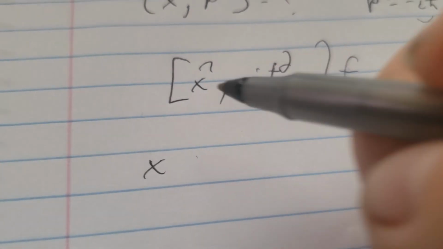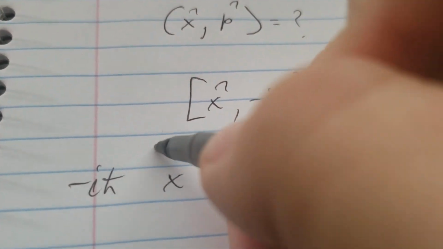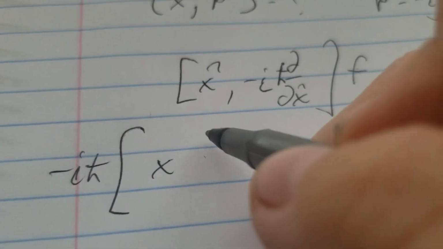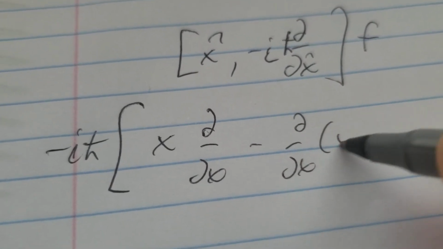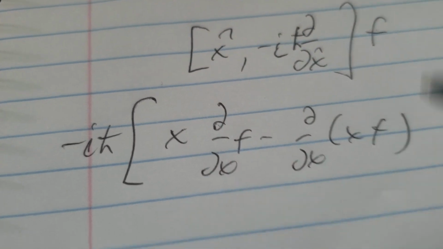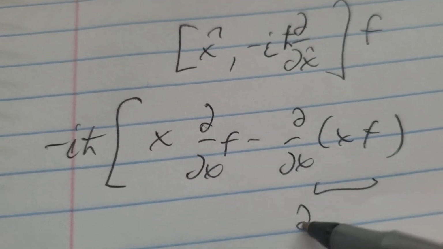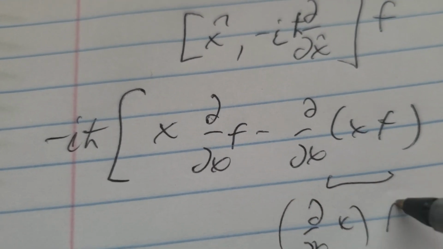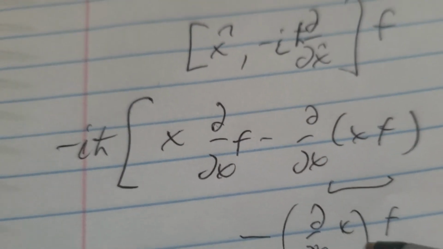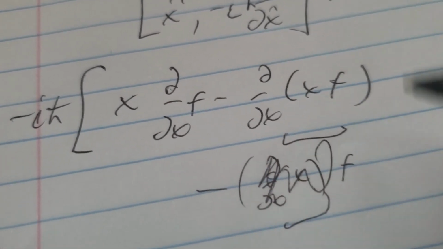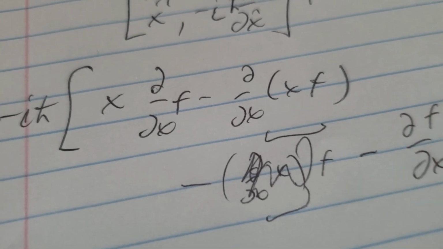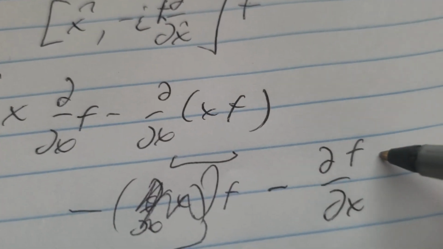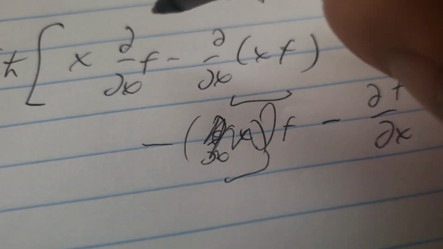So x, okay, we're going to pull out the negative h bar factor first. Well, by chain rule, with respect to x, that's just 1 minus the derivative of f times x.